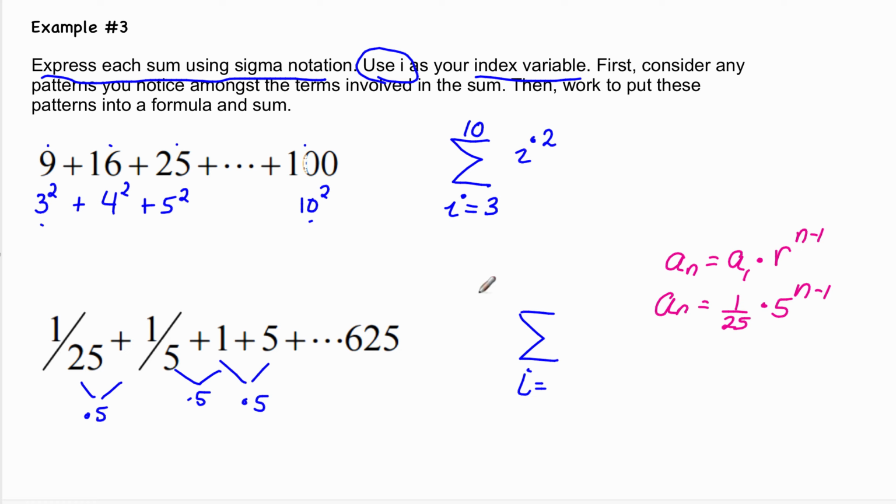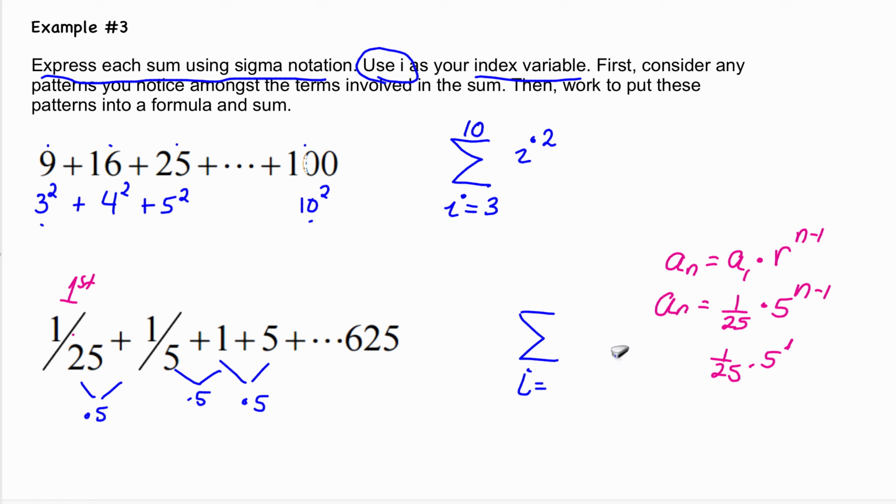Well, that'll work, right? Because if I put a 1 in, 1 over 25 times 5 to the 1 minus 1, which is 0, 5 to the 0 power is 1, so 1 over 25. When I put a 1 in, my first term is indeed 1 over 25. If I put a 2 in, 1 over 25 times 5 to the 2 minus 1, which is 1. And we already know 5 times 1 over 25 is 1/5.